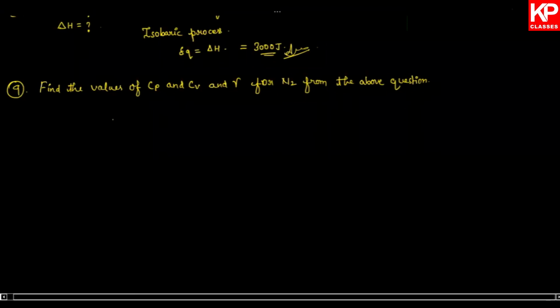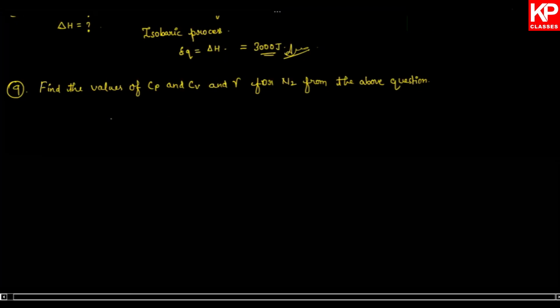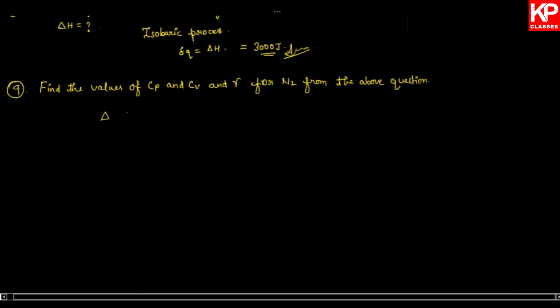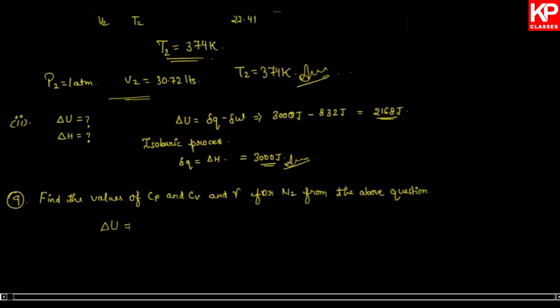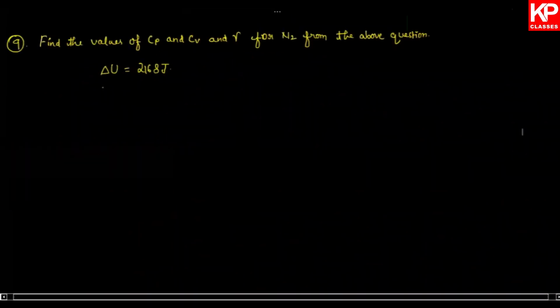We have already calculated the change in internal energy, delta U. What is the value of delta U? 2168 joules, right? So delta U was given as 2168 joules. And we know, based upon the relation between internal energy and Cv, that delta U is nothing but n Cv dT.